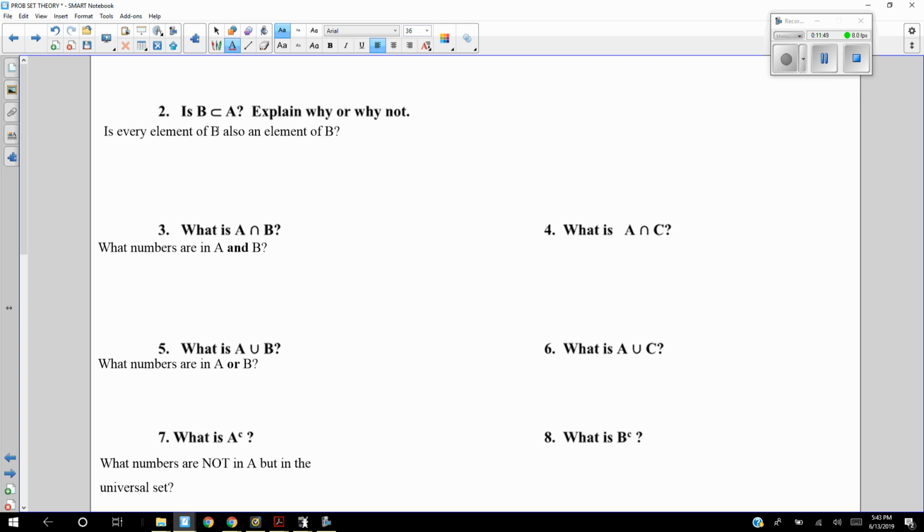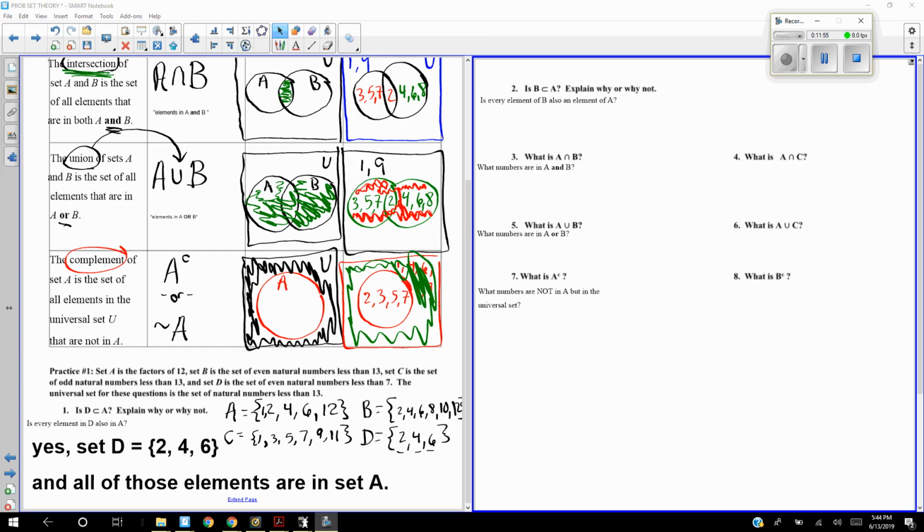So the next one is: is every element of B also an element of A? So look at set B. Set B is 2, 4, 6, 8, 10, 12. Are all of those numbers also in set A? No. Number 8, for instance, is in set B, but it's not in set A.